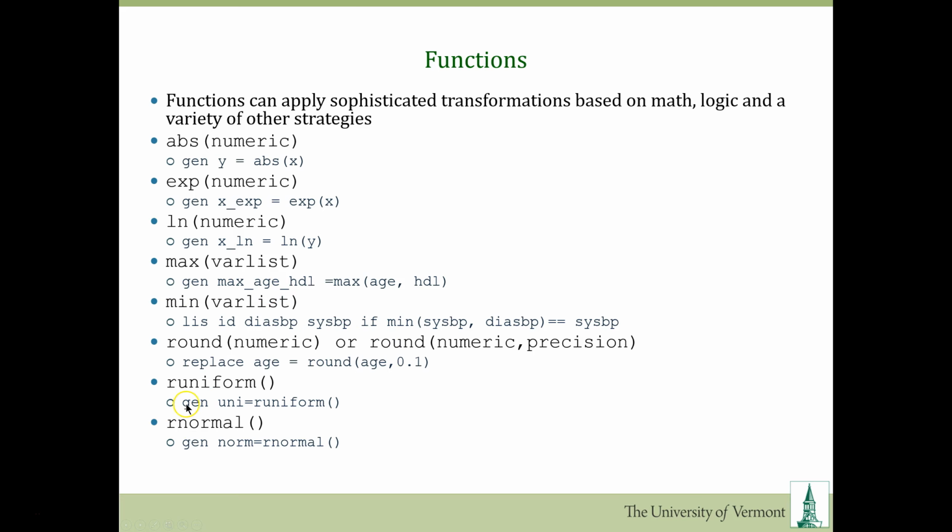Here's a very handy function if you're trying to just generate random numbers, perhaps to sort data in random order or to select a subset of patients. Random uniform, runiform, just generates a number randomly selected from a uniform density between 0 and 1.